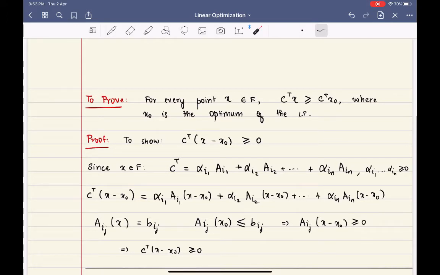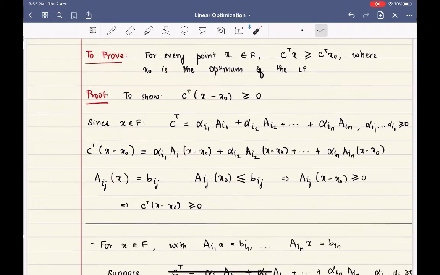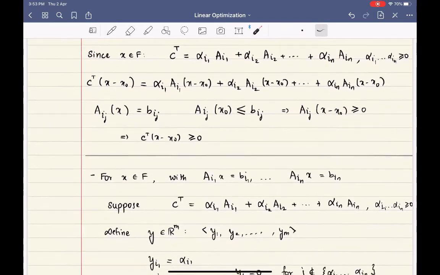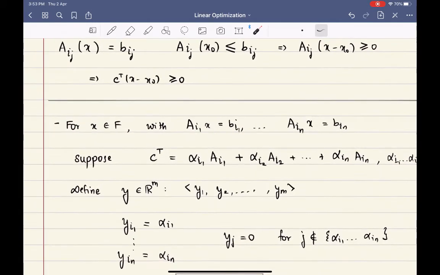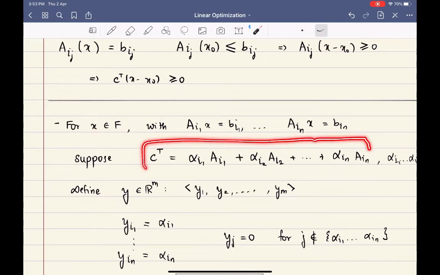Okay, so here is one more step towards it. Now what do we have? Suppose you take an X and say C transpose is of this form. Now define an m dimensional vector.